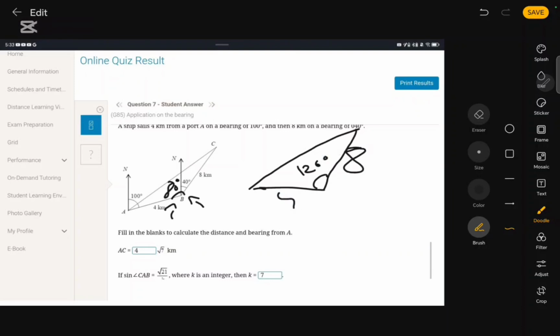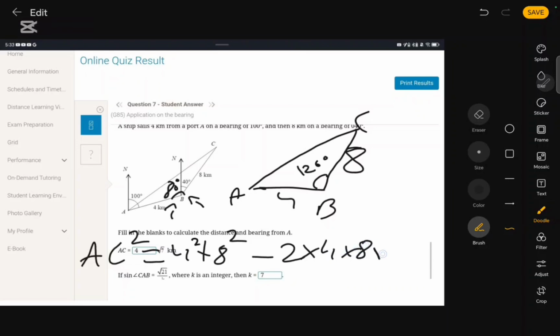And to find AC, we're going to do, of course, cosine rule. So you calculate it, you get 4 radical 7. Let me just do the rule for you guys. AC squared equals 4 squared plus 8 squared minus 2 times 4 times 8 times cosine 120. Yeah.